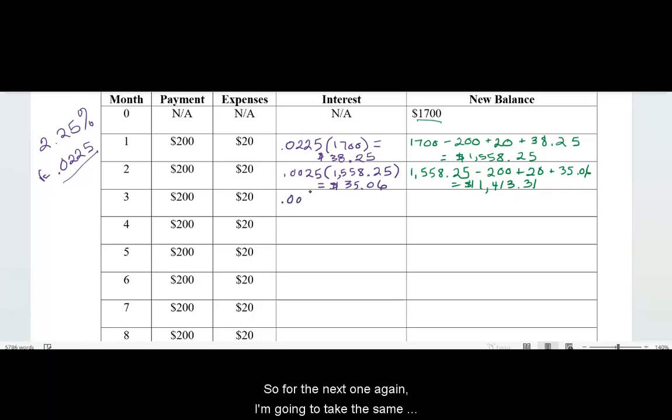So for the next one, again, I'm going to take the same interest, but times the new balance. And we get that interest amount. This time it's $31.80.